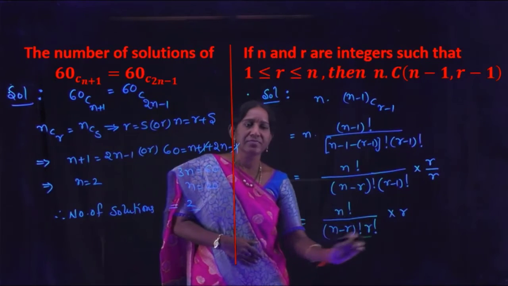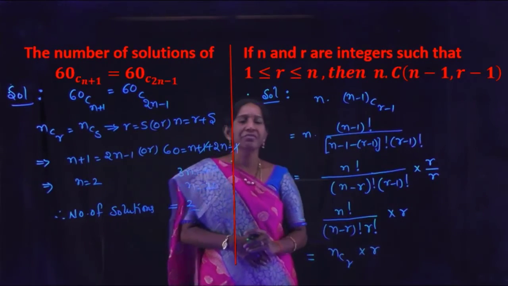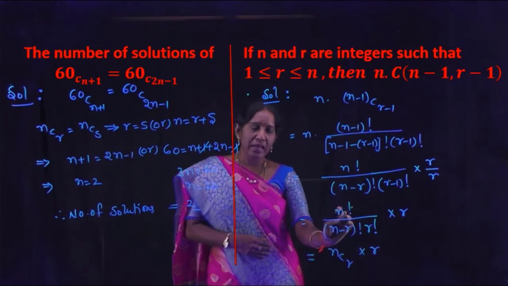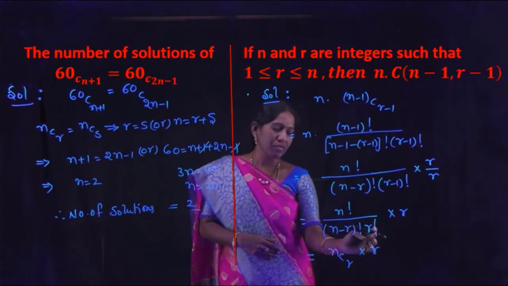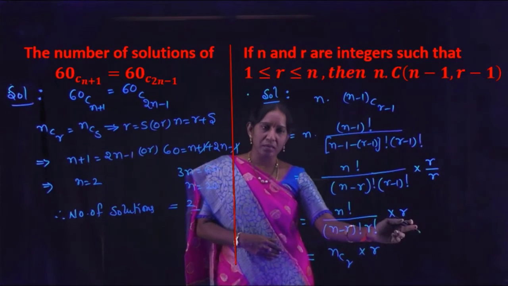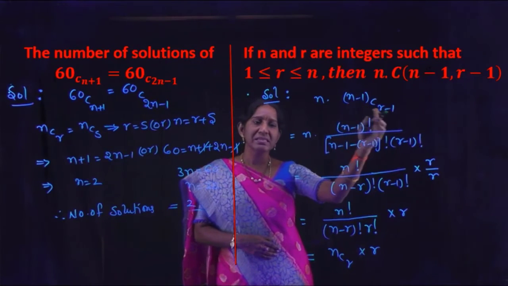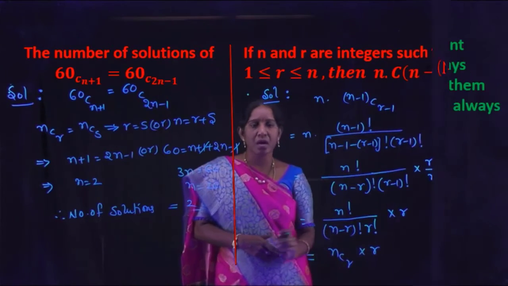Then this is for nCr. Now nCr into r. Therefore, n into n factorial by (n minus r) factorial into r factorial can be written as nCr into r. Therefore, n into (n minus 1)C(r minus 1), that is nCr into r.